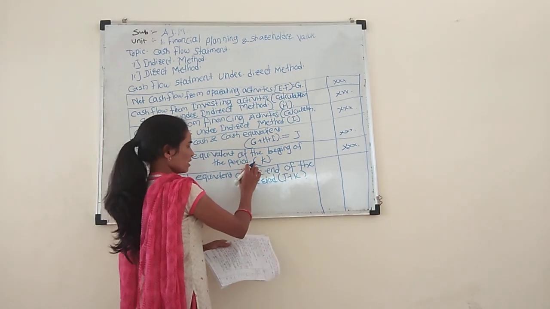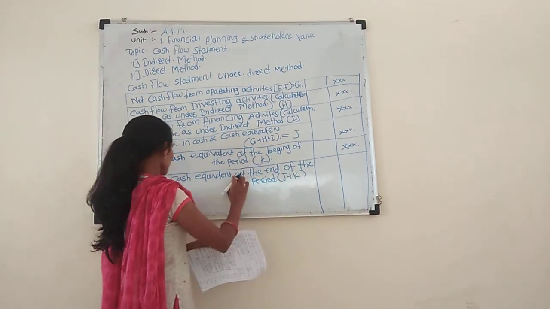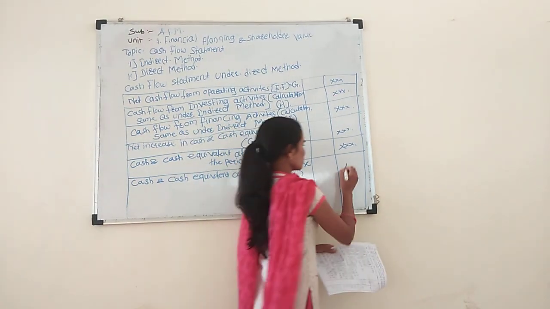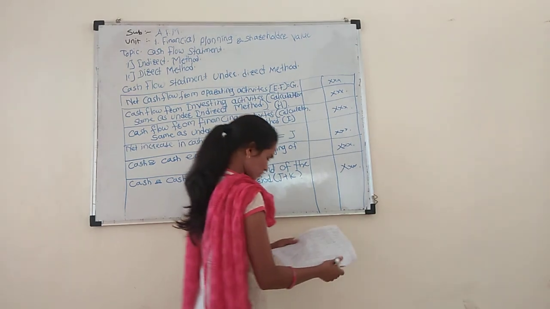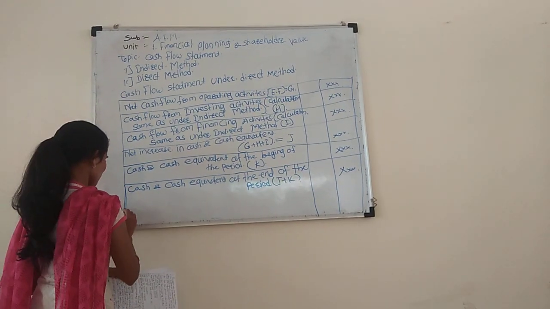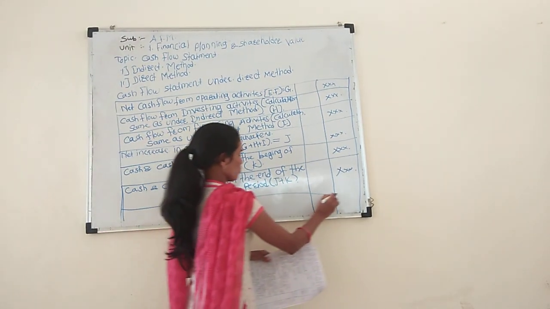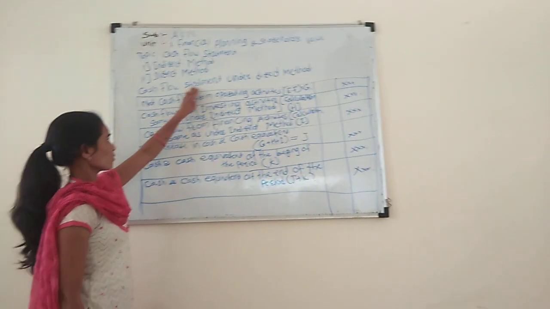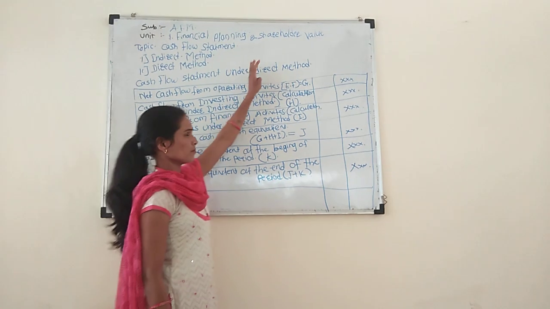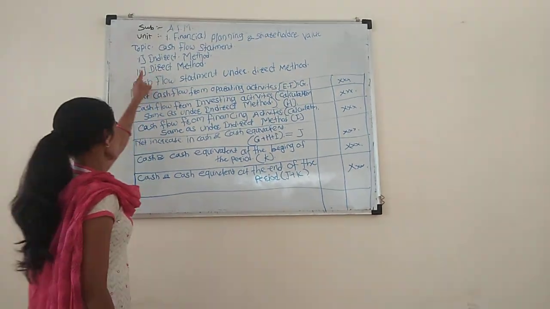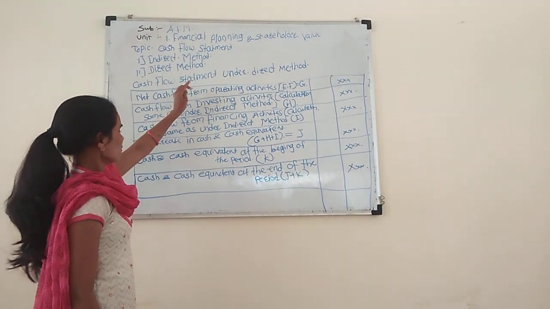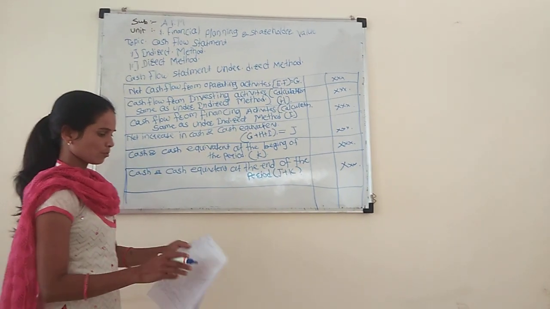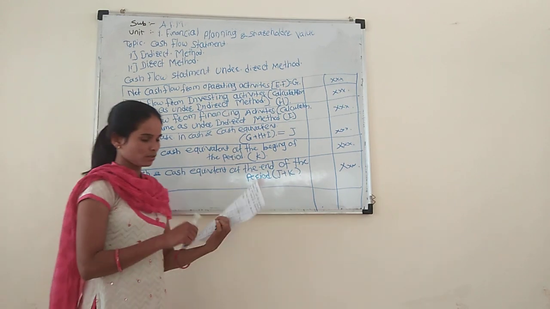J plus K is equal to cash and cash equivalent at the end of the period, and the amount goes in this column. These are the formulas for the cash flow statement under the direct method. The formulas are over, and next we look at the problem.